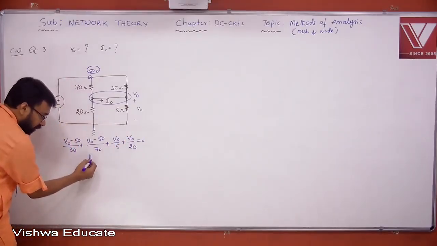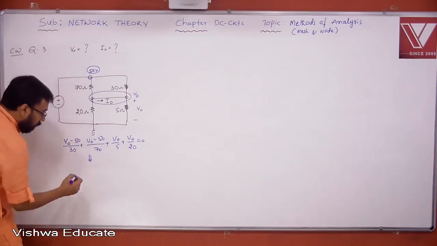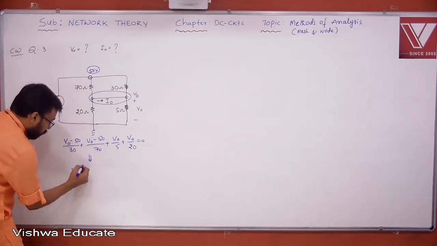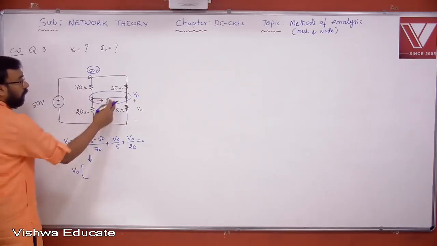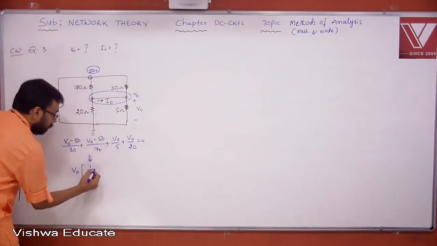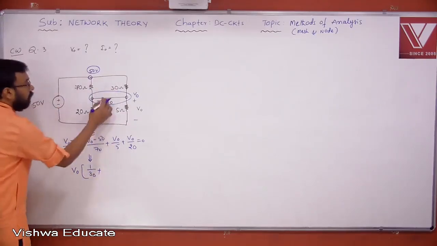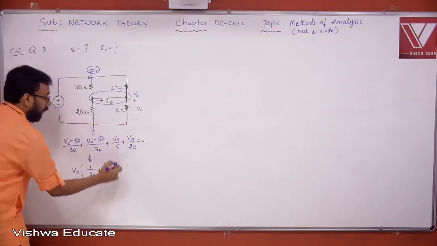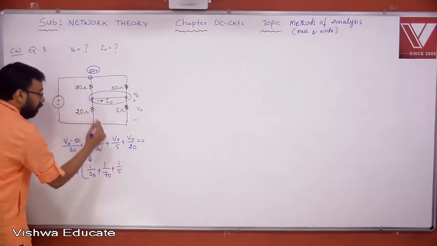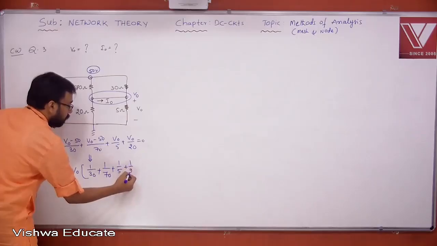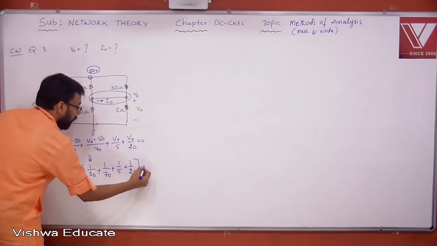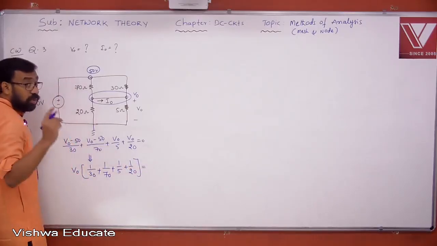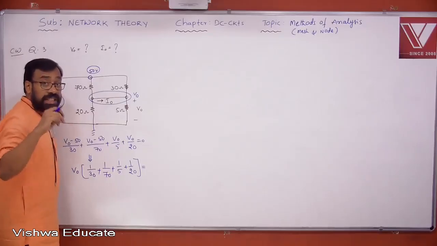Let us apply inspection. Here is one interesting point to be observed in the inspection. Look at this. V0 of 1 by 30, 1 by 70, 1 by 5, 1 by 20, is equal to. You must observe one important point in the inspection.